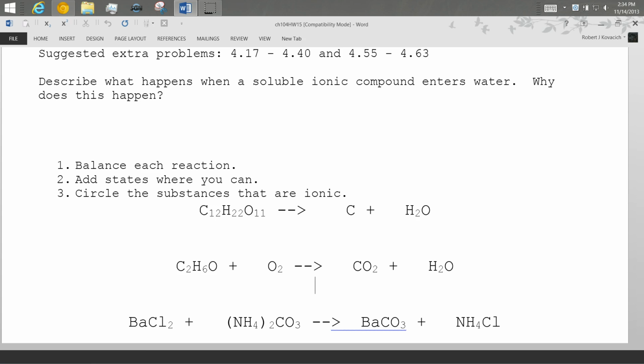Describing what happens when a soluble ionic compound enters water, why does this happen? So what happens when a soluble ionic compound hits H2O? The cation and the anion separate. Why? Because they're charged.